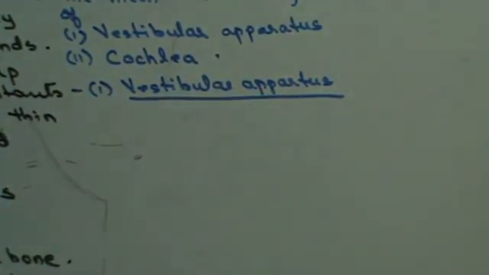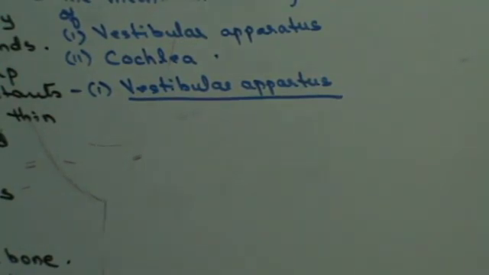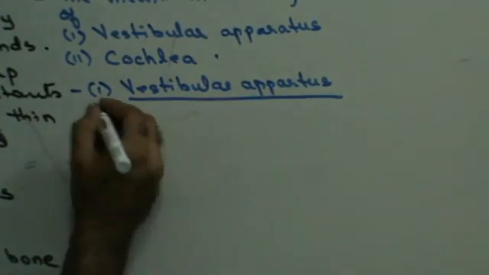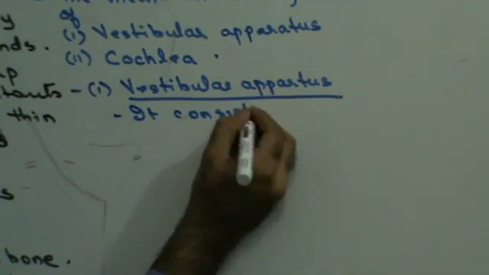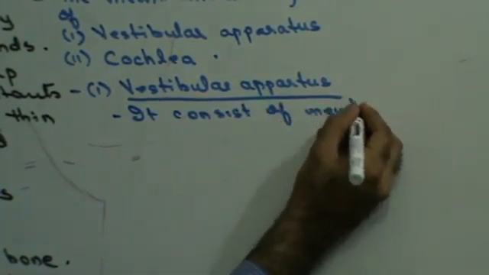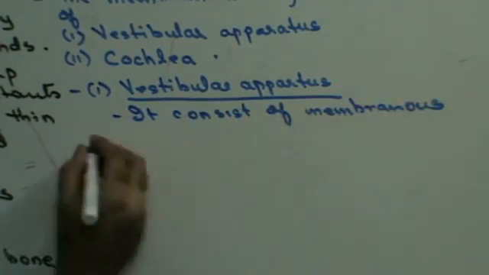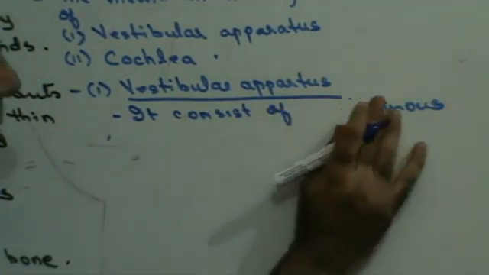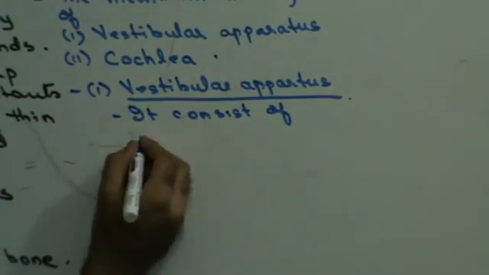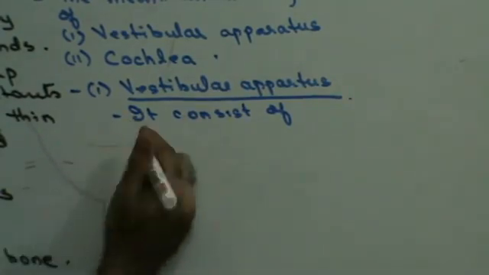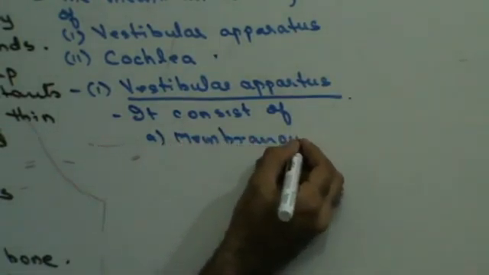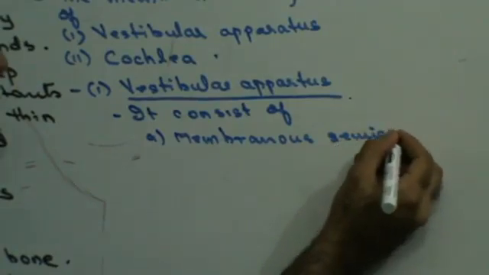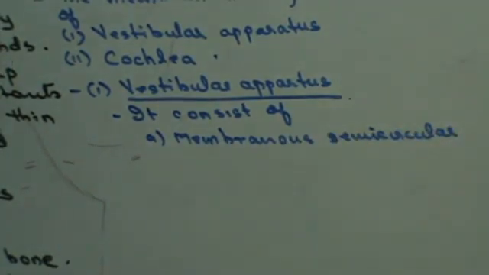Now, the vestibular apparatus, what is it made up of? It consists of membranous semicircular canals.